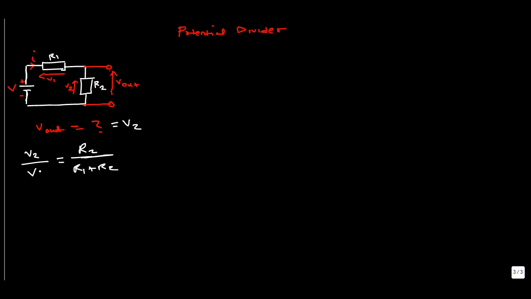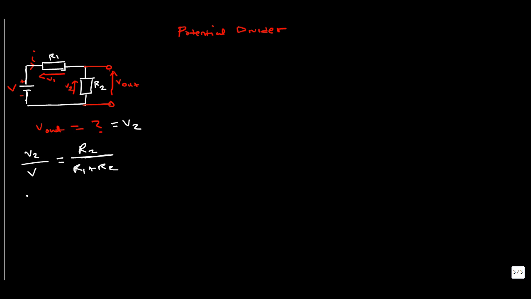So the potential divider says that the ratio of your output voltage, which is V2, to your total voltage is the same as the ratio of your output resistance R2 to the total resistance.